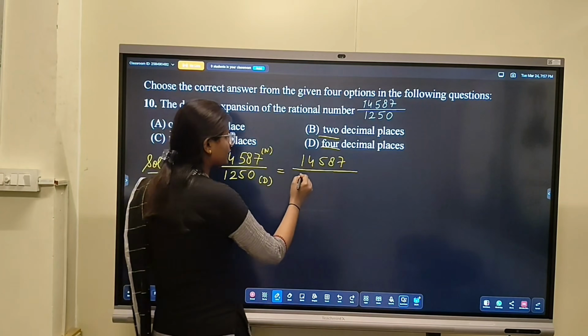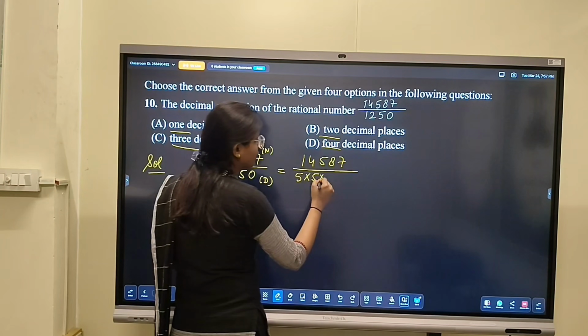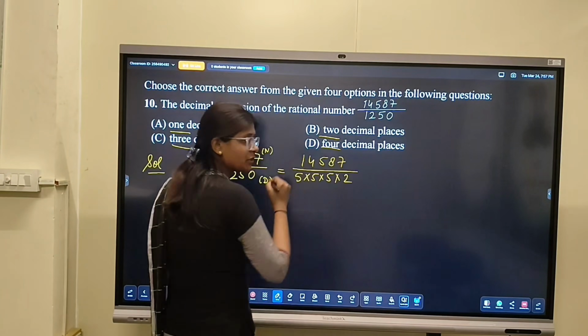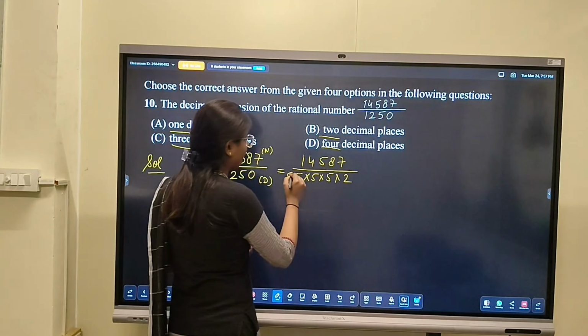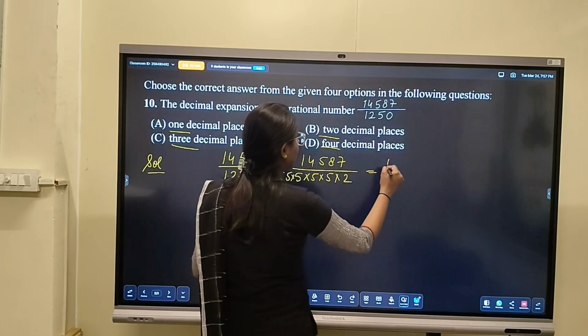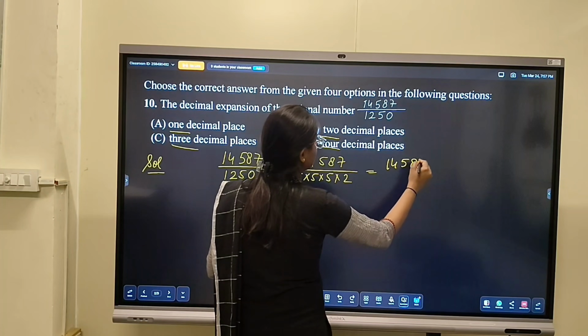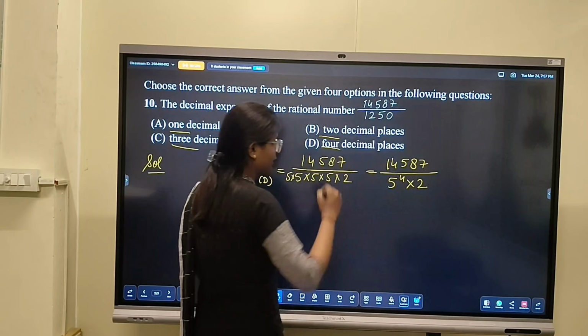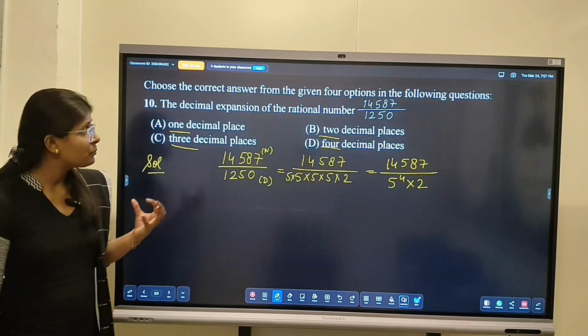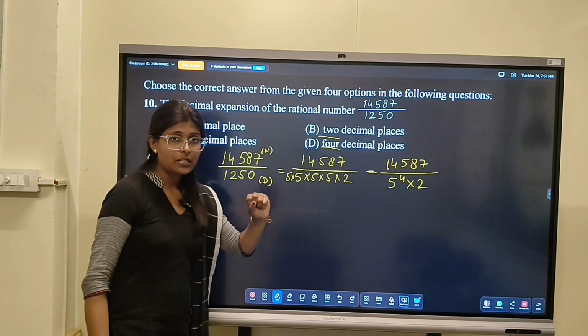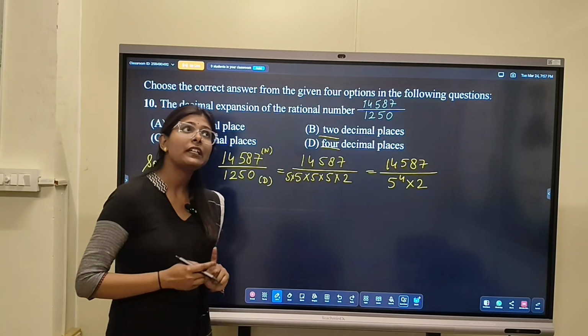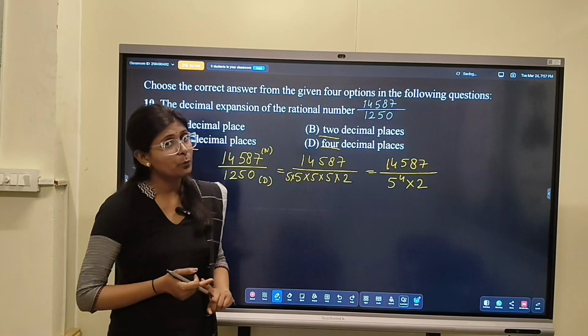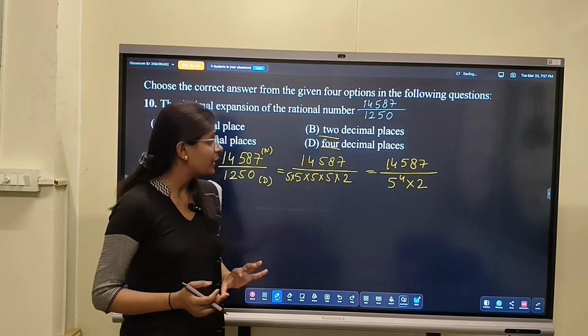How will we do that? It is 5 times 5 times 5 times 2, and there will be one more 5. So it would be 14,587 divided by 5 to the power 4 into 2. Since we know to make a rational number terminating, we require the denominator in the form of 5 or in the form of 2 or both, right?